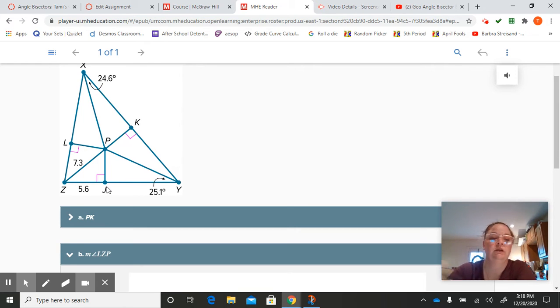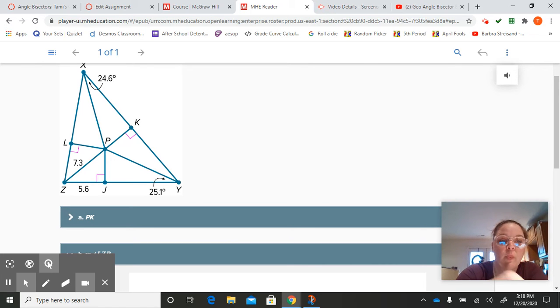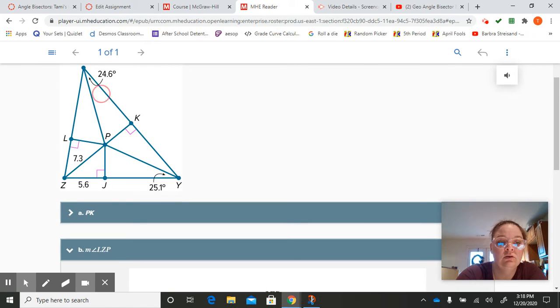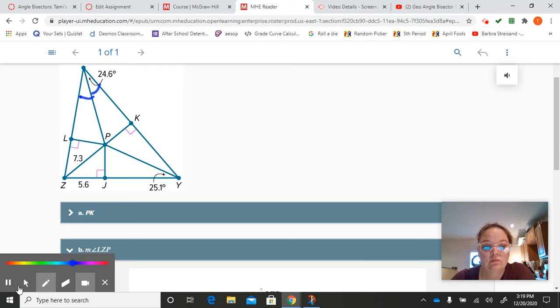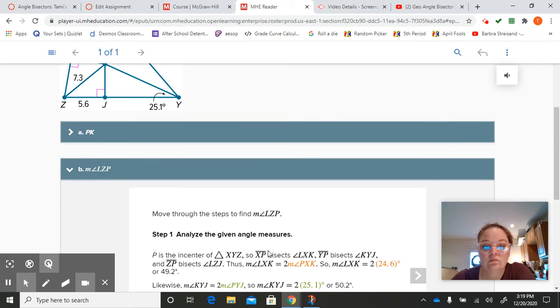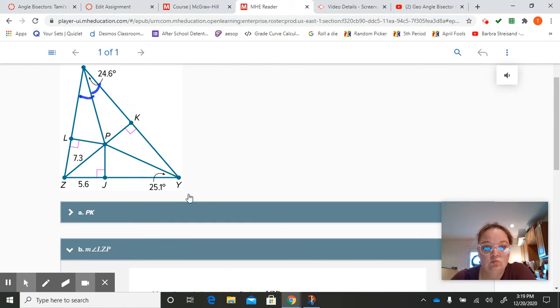Let me get my pen out here, make it a little bit easier. So we know that this angle is congruent to this angle. So one of them is 24.6, so the other one is also 24.6. YP bisects KYJ.